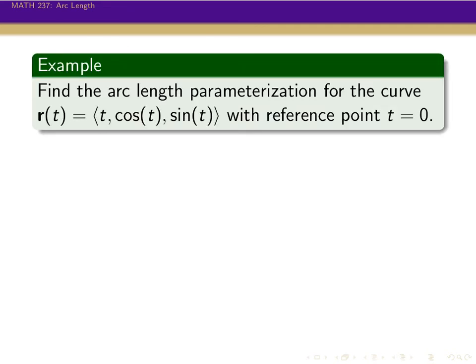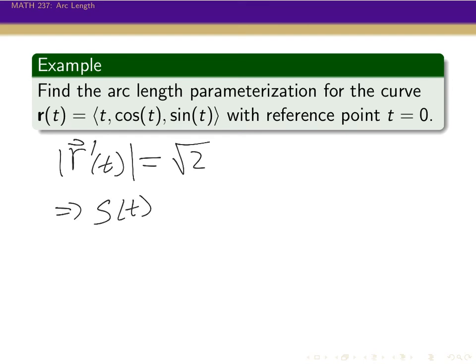So let's actually go through it with what we did before. Let's go back to the problem we did before. If you recall, we already figured out that the magnitude of r prime is always square root of 2 here. And so then s, our arc length, let's not even put in the of t. Let's just call it our arc length.